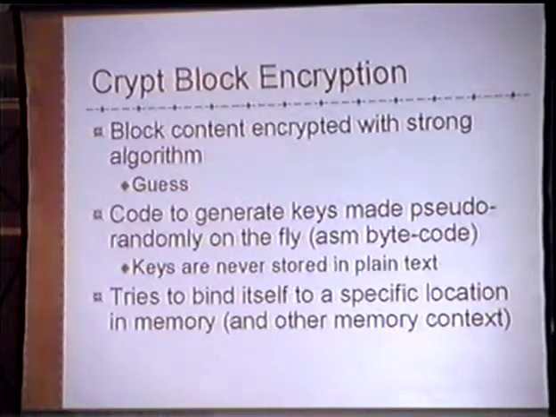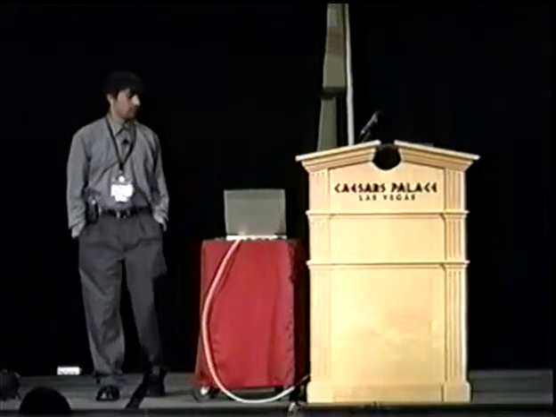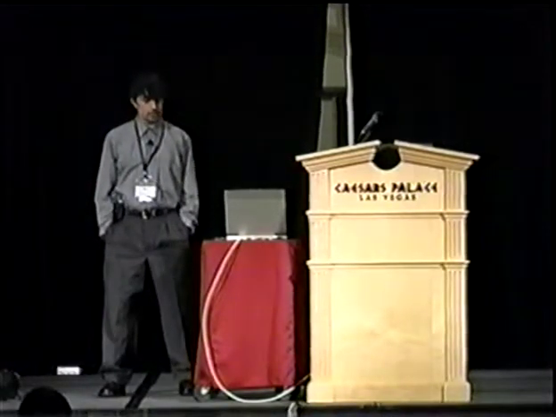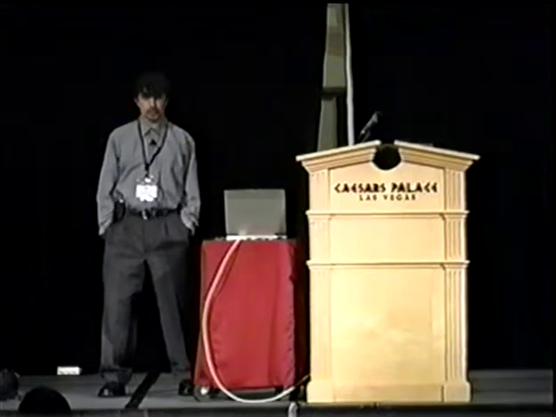The keys aren't stored as data within the executable, because that would just make it too easy. So they're never stored in plain text. There's code that generates the keys on the fly. And it's made pseudo-randomly by the ASM bytecode generator again. And to take it to the next step, this code itself tries to bind it to a specific location in memory.